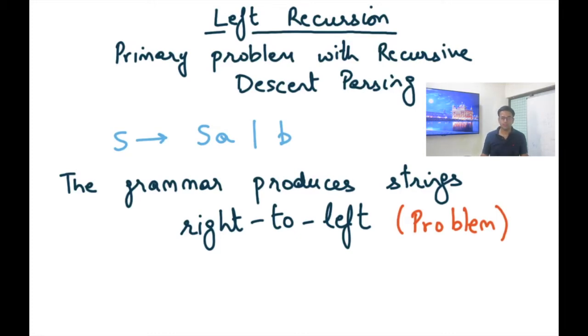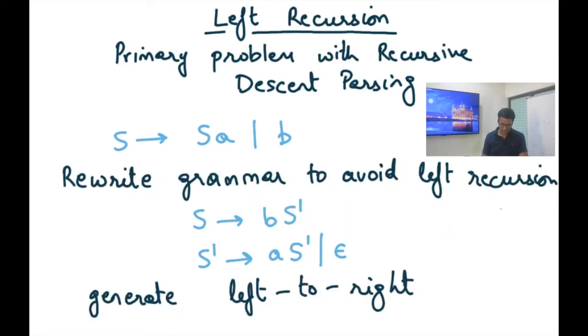However, it turns out that if there is a grammar that produces strings right to left, it is possible to convert it to a grammar that produces strings left to right and yet accepts exactly the same language as the original grammar. To see that with an example, I could rewrite this grammar, where S produces SA or B, as follows.